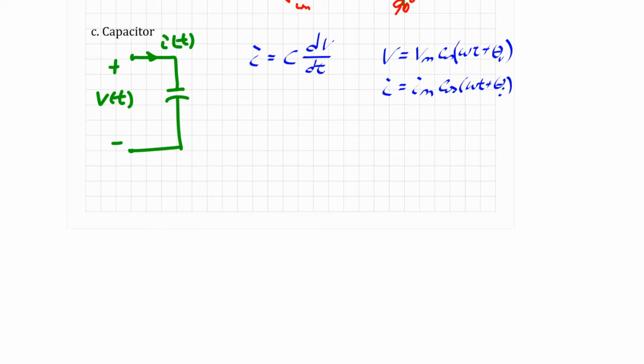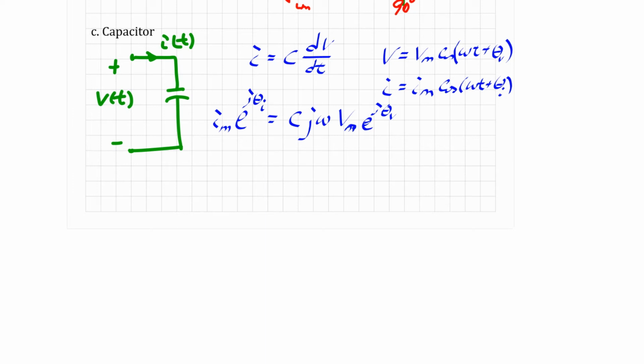Now, once we have that relationship, we can see this is equal to C times dV dt. So we take derivative with respect to t. We're going to end up with j omega. And what's left here would be the Vm, the amplitude, and phase angle, e to the j theta V. On this side here, we have Im and phase angle, e to the j theta I. Again, remember that they both have e to the j omega t.